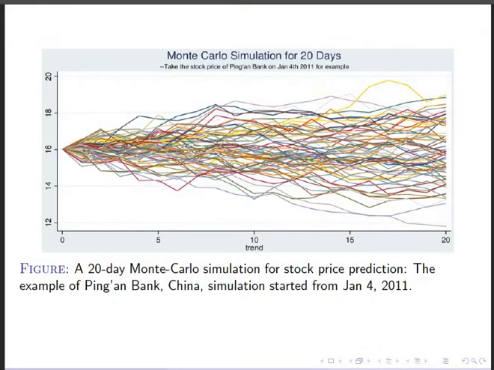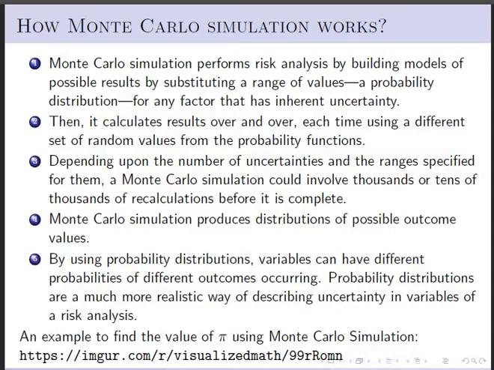Here is one example showing a 20-day Monte Carlo simulation for stock price prediction of Ping An Bank in China. Monte Carlo simulation performs risk analysis by building models of possible results by substituting a range of random variables, and then it calculates the results each time using different sets of random values over and over again.